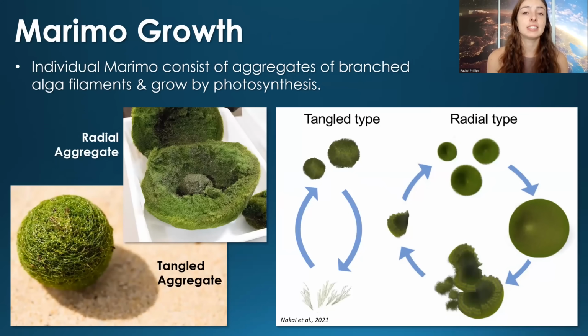Individual moss balls consist of aggregates of branched algal filaments and grow by photosynthesis, like we just talked about. And there are two main types that these aggregates can occur in. For example, one is the tangled aggregate that is more of a tangled sphere of the algal filaments, and then two, like we talked about, the radial aggregates that start at the center by growing outwards in all directions, and then their spherical growth continues from there with wave action, as we'll talk about later.